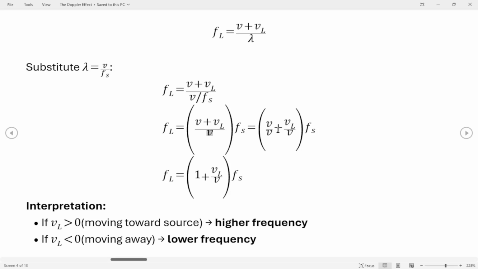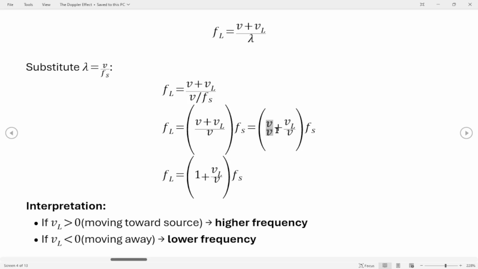So we could also rewrite this expression as v over v plus v sub L over v, because they share the same denominator. So that becomes v over v, nu over nu, plus v sub L over v.